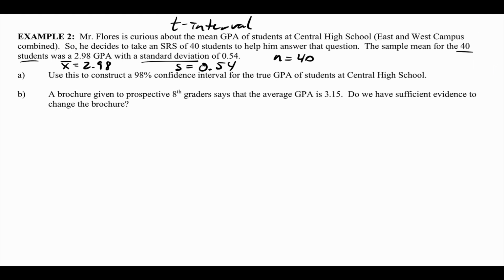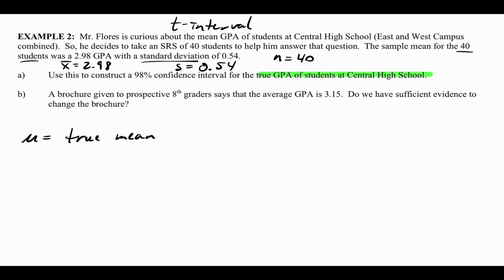Okay. Step 1, population parameter: the true mean. You don't have to say true mean because average is already in there.